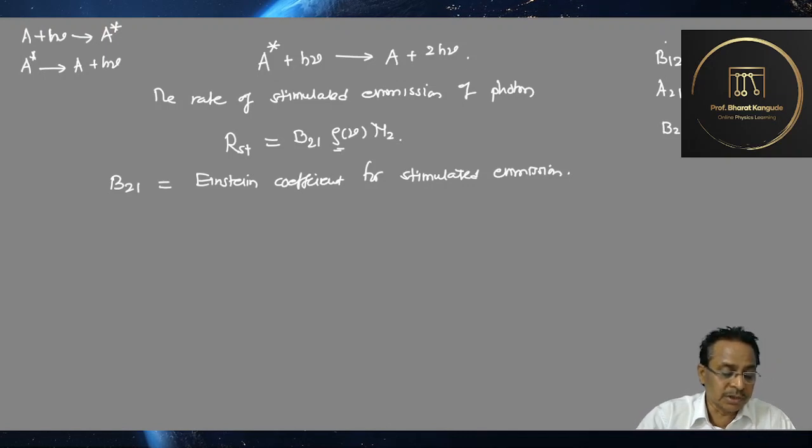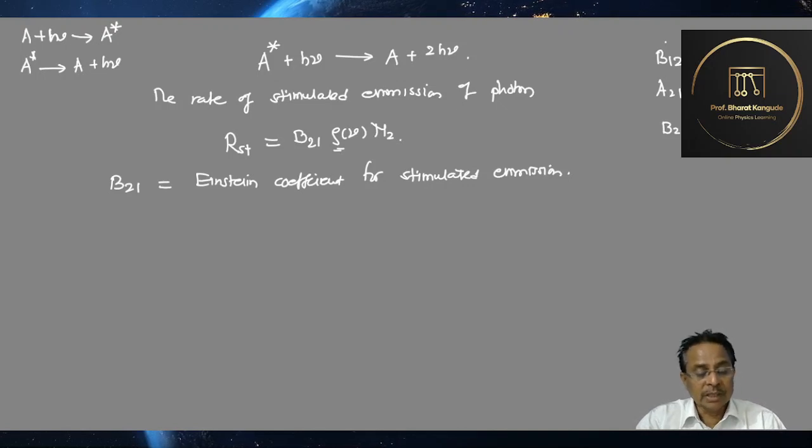These three processes are important, and these are the three constants we are supposed to see here. Now there are certain features of this particular process that we will see in the next session.